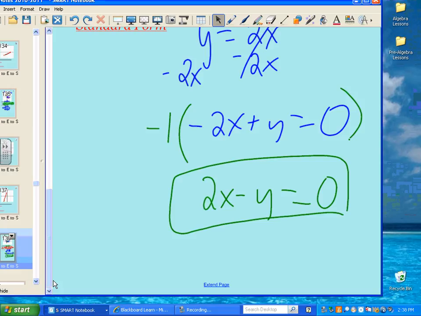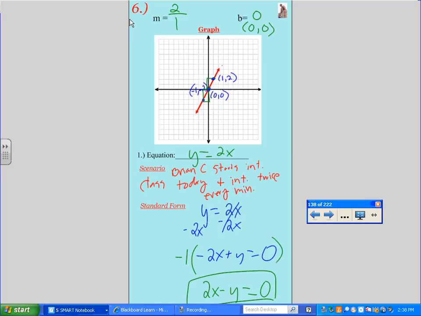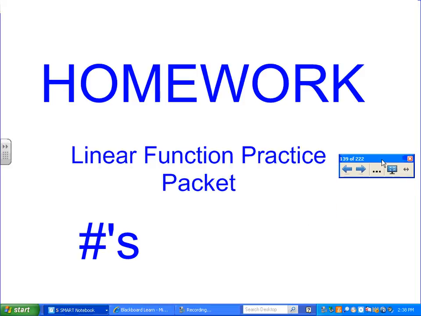We're going to reduce it to 4 instead of 6. Can you write up there 12 and 13, 16, and 17? Okay, listen up. In your linear function practice packet, you have 4 problems.